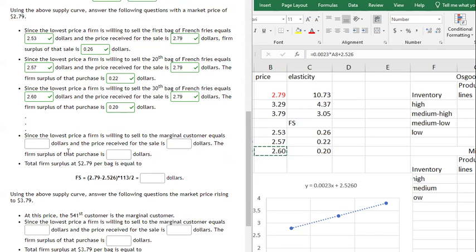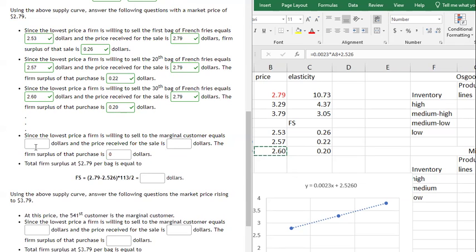The marginal consumer is willing to pay at most the market price. So the marginal consumer has zero surplus. That's the last unit sold. The price is made at the margin. The next consumer is not going to make a purchase because the market price is too high for them. The price is made at the margin. So at the margin, the firm surplus is zero.